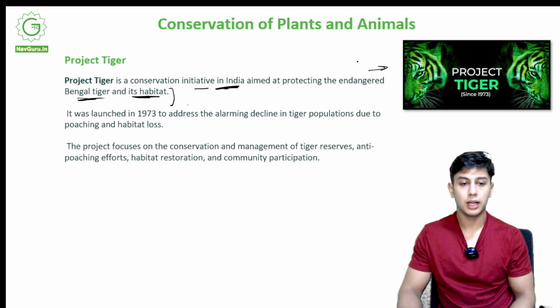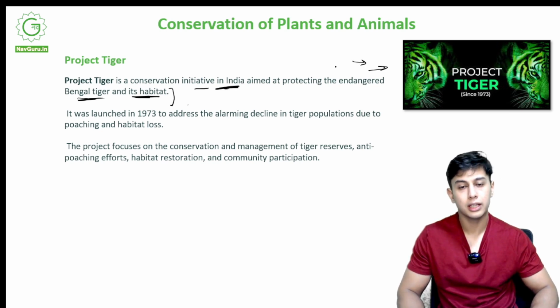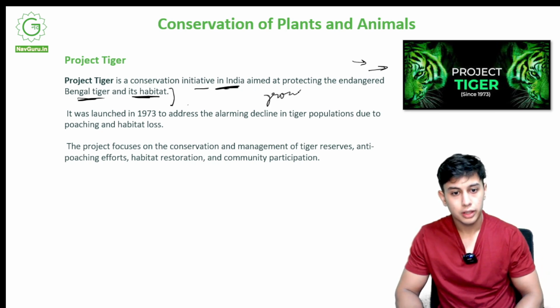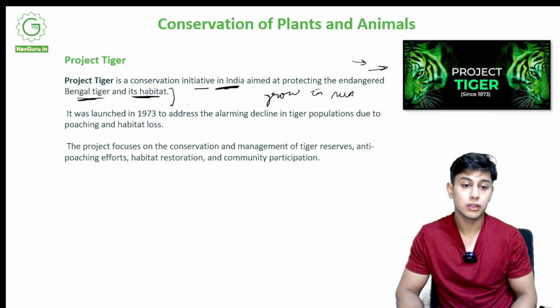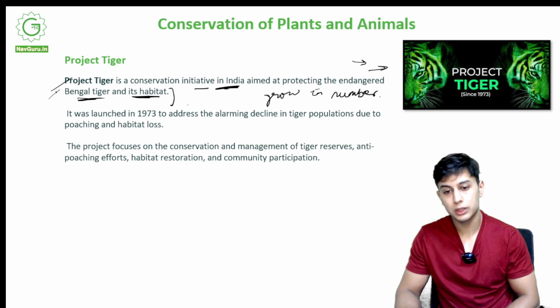We want tigers to live in their natural habitat, in their protected areas, and grow in number, because they have come down to a very small population. So Project Tiger was aimed at this.